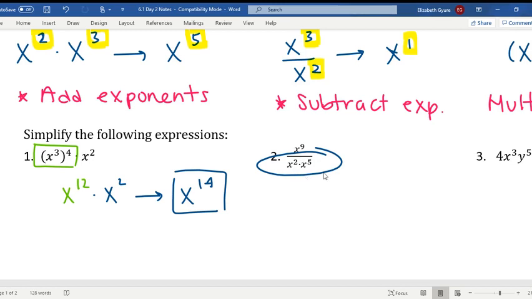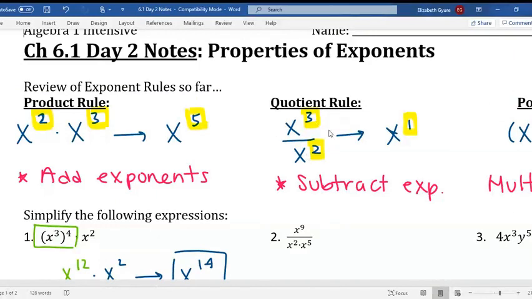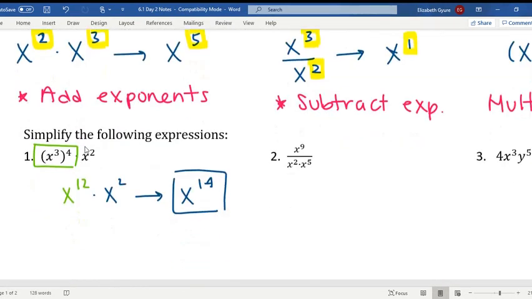What's the symbol between those two things? The multiply symbol. Okay, so we have two different properties happening here. We have a fraction, right? That's division. So we have our quotient property happening, our quotient rule. And at the bottom here, because there's a multiplication sign, we also have the product rule happening.